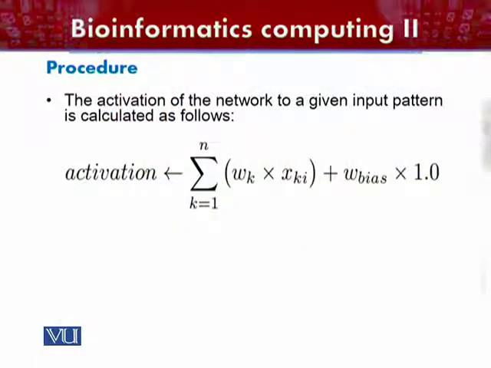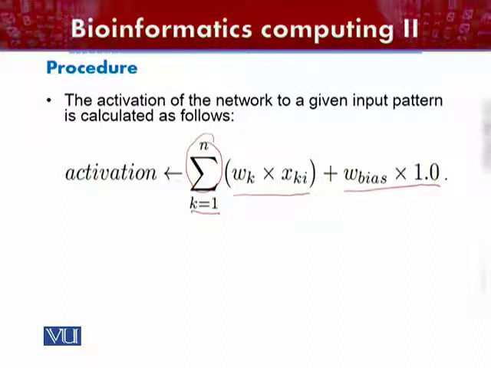The activation of the network to a given input pattern is calculated by the following equation. The activation of the network to a given input is equal to the summation, for k equals 1 to n, of w_k multiplied by x_ki, plus w_bias multiplied by 1.